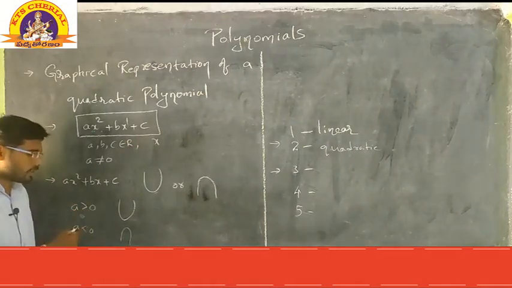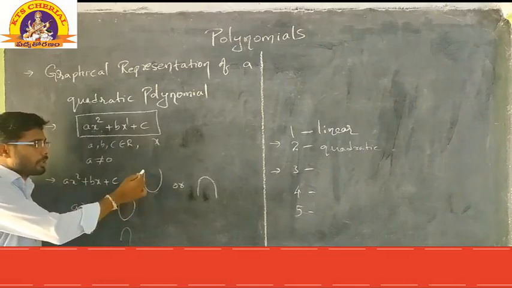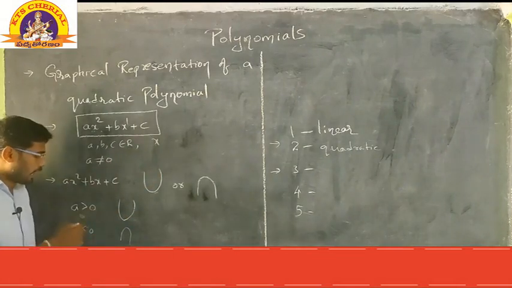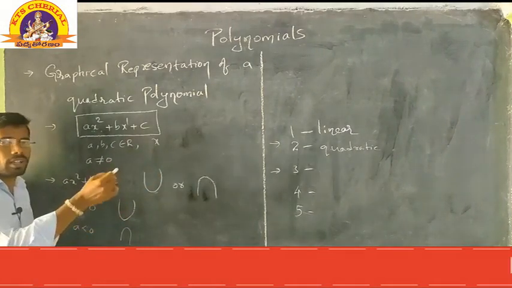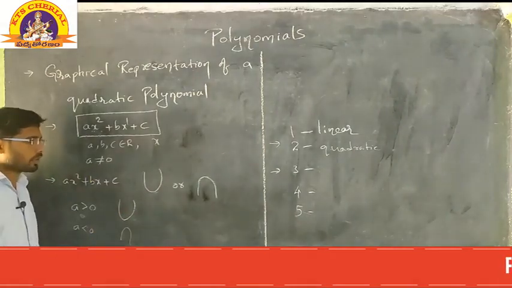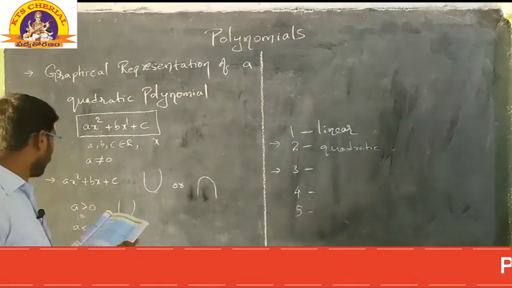Here a is greater than 0, so you get a U shape upwards, and if a is less than 0, you get it downwards.